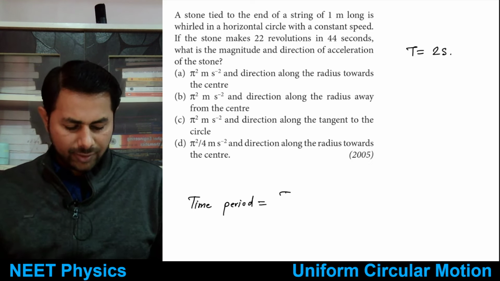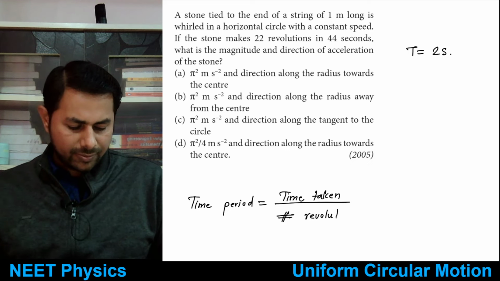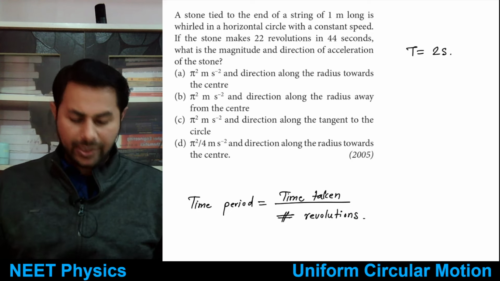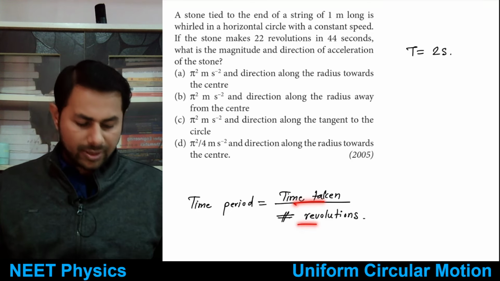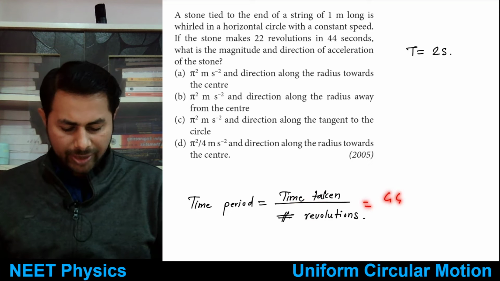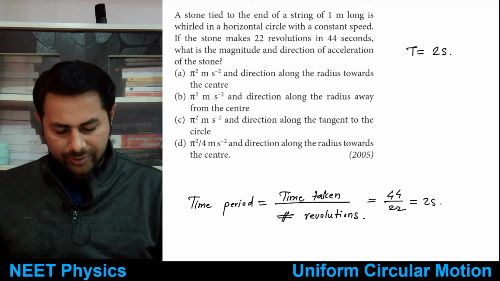It is time taken divided by number of revolutions. So 44 divided by 22. So that's 2 seconds. But then what is the question?